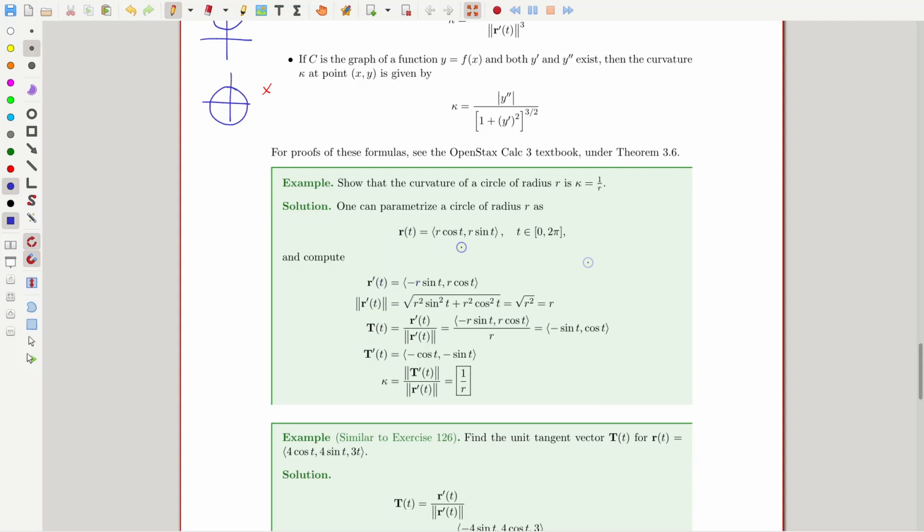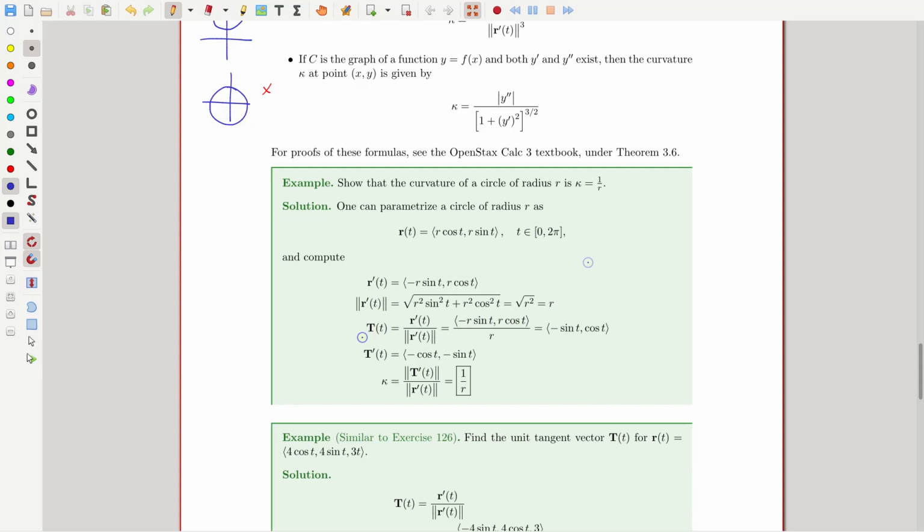R is just a constant. You end up getting this when you take the time derivative. Then taking the magnitude, sine squared plus cosine squared allows you to simplify, and the magnitude is rather simple, just r.